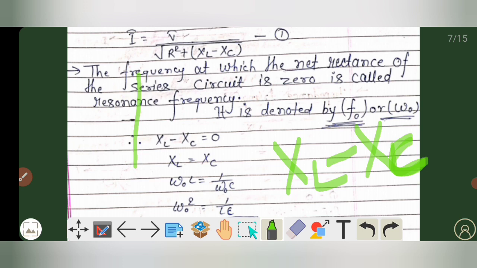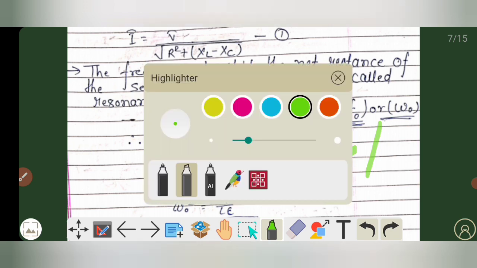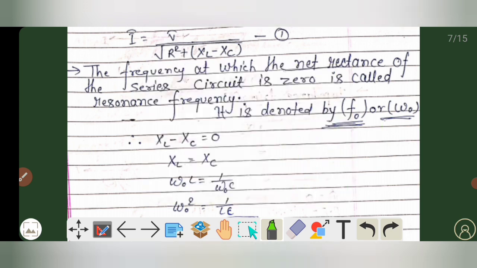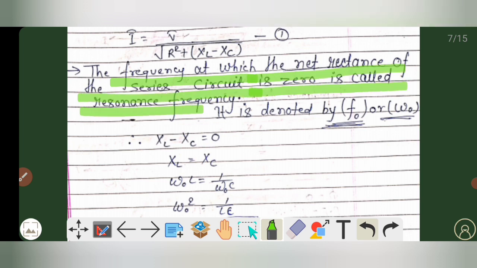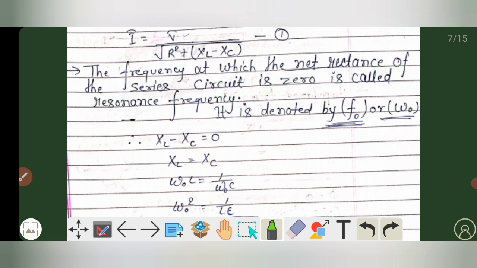So the net reactance will be XL minus XC. The frequency at which the net reactance of the series circuit is 0 is called the resonance frequency. Now in the topic of series resonance, first of all we will discuss the resonance frequency.